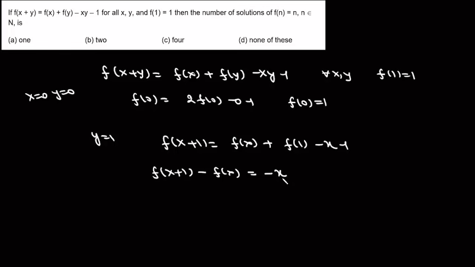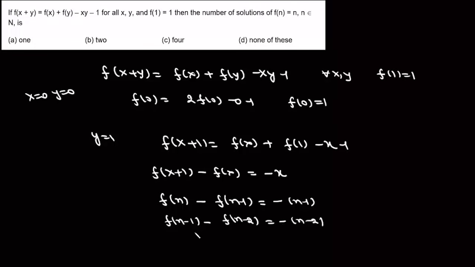Now we are looking for the number of solutions of f(n) when n is a natural number. So we can simply write f(n) - f(n-1) will be -(n-1). In the same way, f(n-1) - f(n-2) will be -(n-2), and we'll continue.